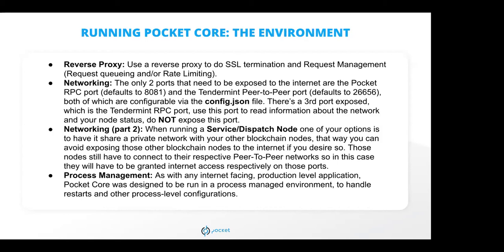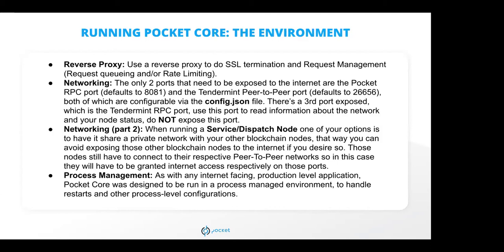There are 4 key pieces of the environment that need to happen to run a Pocket core. The first thing we recommend is using a reverse proxy. Anyone who's run a web scale application in production knows that reverse proxies are the most battle tested way to handle external connections that are exposed to the open internet. And we recommend the reverse proxy for 2 reasons.